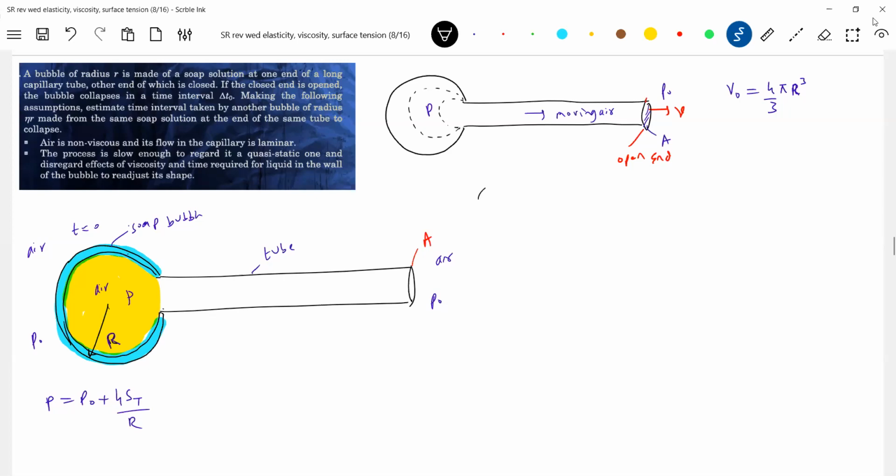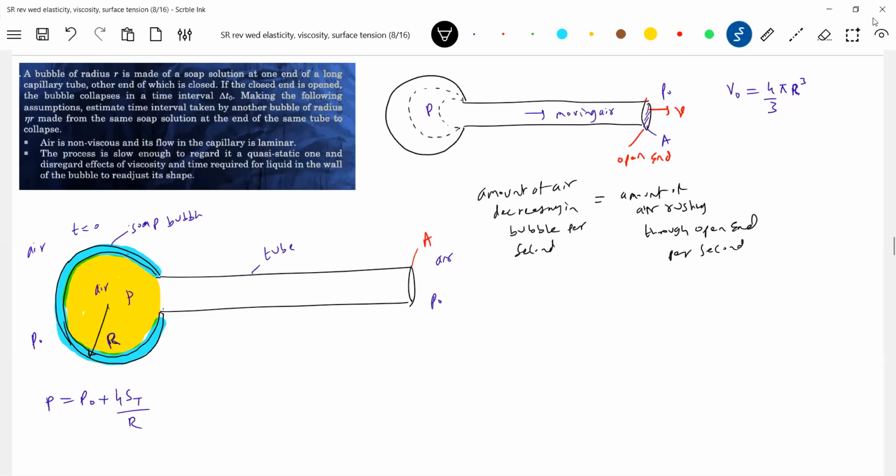So here, the amount of air decreasing in the bubble per second is equal to the amount of air rushing through the open end per second.